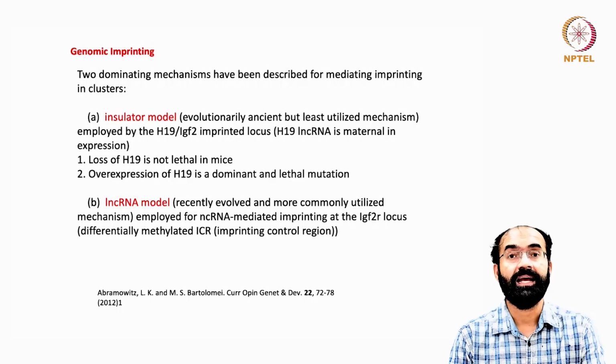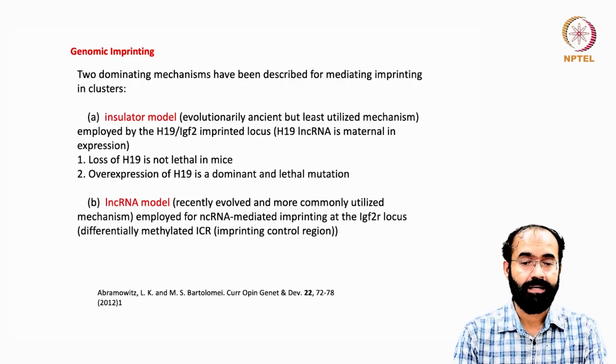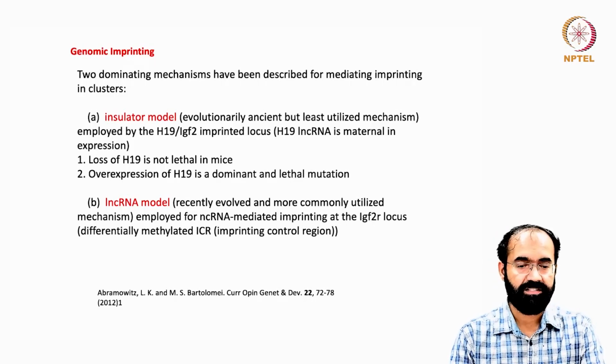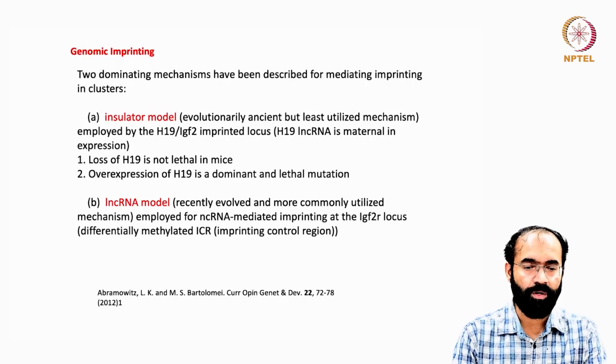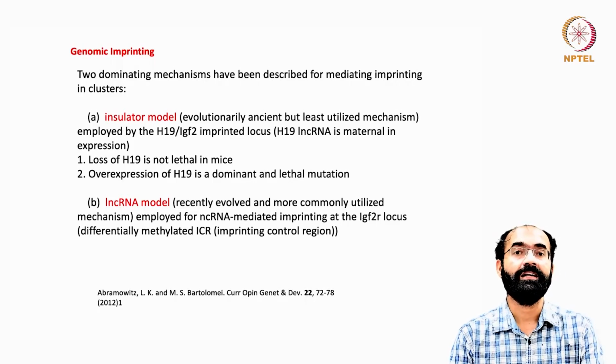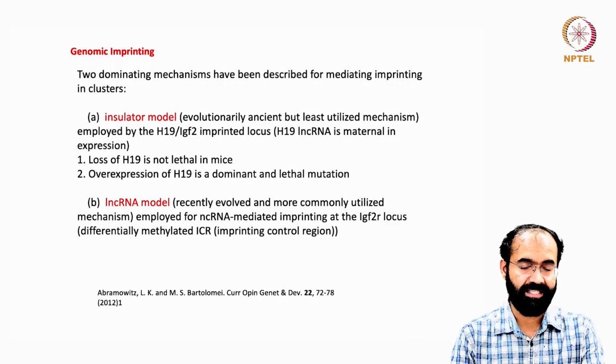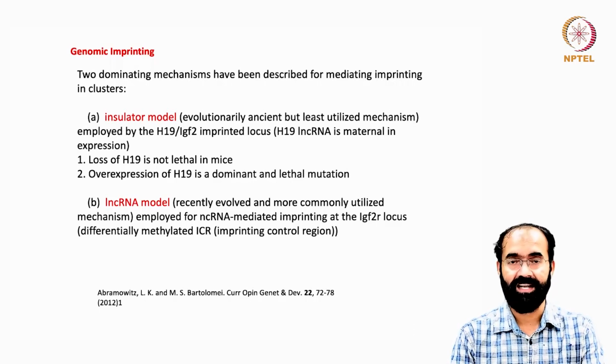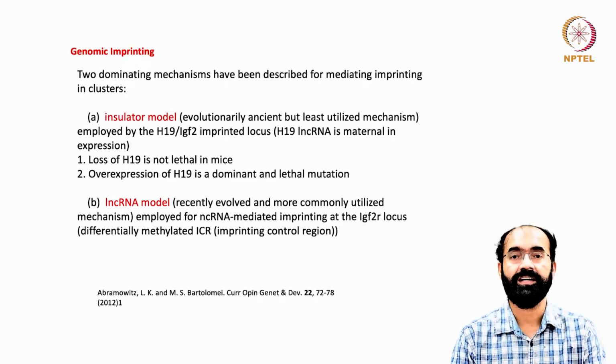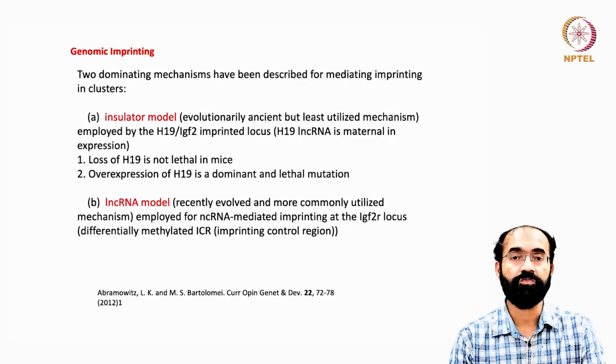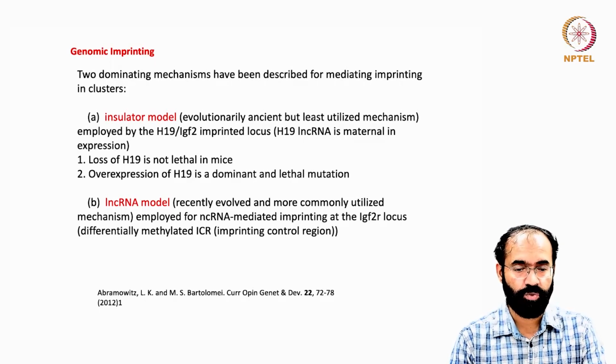It is an evolutionarily ancient but least utilized mechanism, and it is employed mainly by one famous gene pair, H19 and IGF2. IGF2 is the gene, and H19 is a non-coding RNA. This imprinted locus is studied a lot, and many people have used it as a tool for understanding the importance of imprinting.